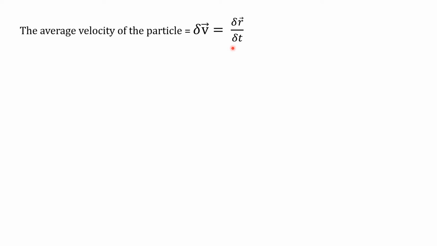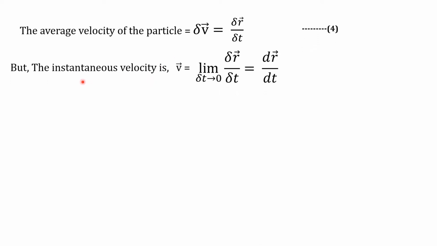Now we find the instantaneous velocity of the particle, and that is given by the limiting value of the average velocity in the time interval delta t as delta t approaches 0. That equation we write here: the instantaneous velocity vector v equals the limit as delta t tends to 0 of delta r by delta t, equal to vector dr by dt.